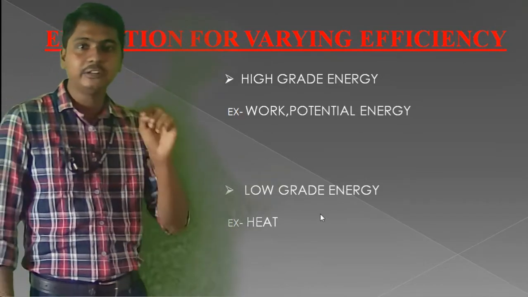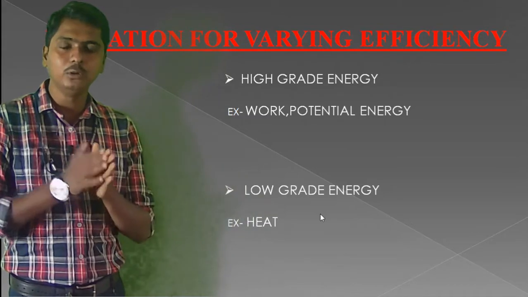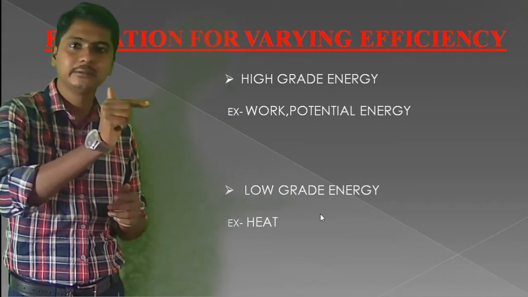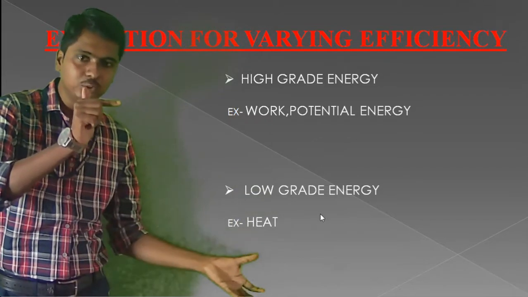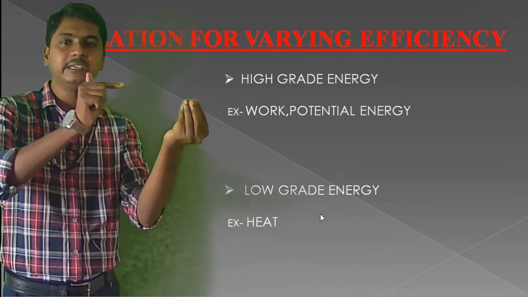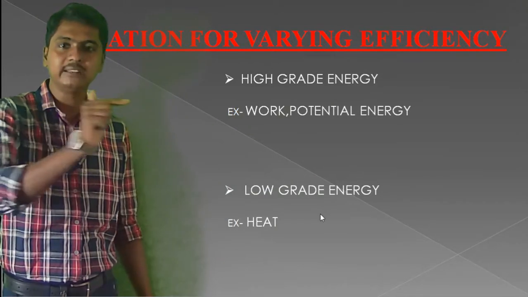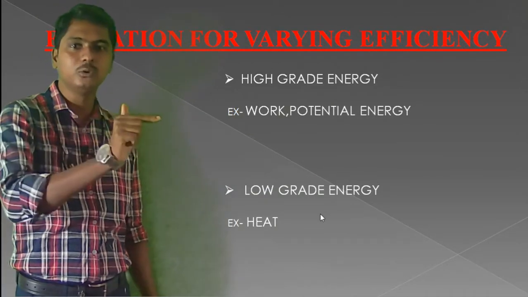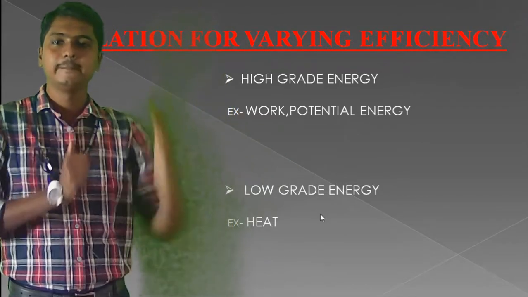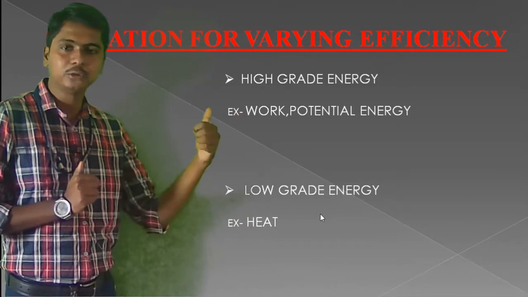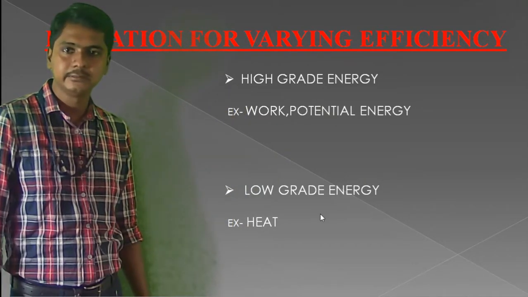If you analyze the diagram of a heat pump, in a heat pump we will provide some work. This will extract some heat from the sink and supply it to the source. So here you can see whatever work we supply, the complete work will be converted to heat. That's why work comes under high grade energy.